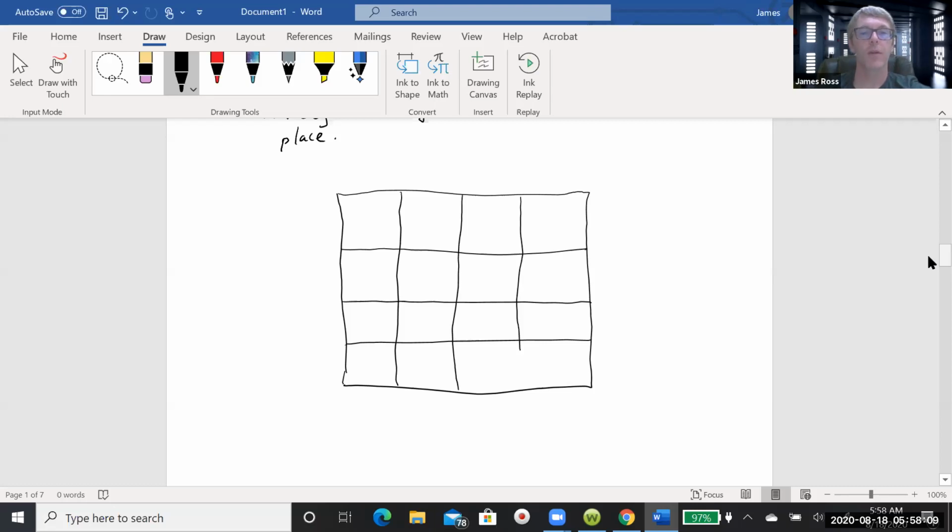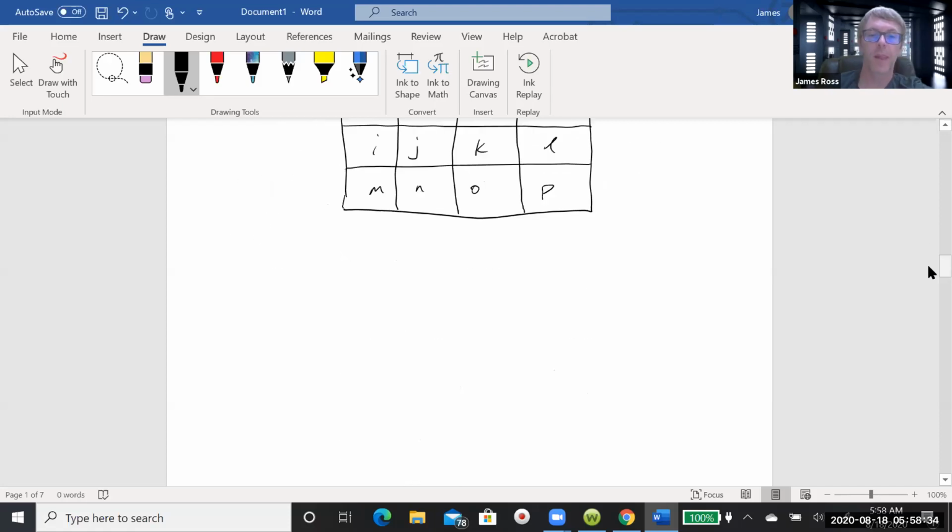So 4x4 grid, let's say you call these indivisible pieces A, B, C, D, E, F, G, H, I, J, K, L, M, N, O, P. All right. So you've got this two-dimensional grid called our scalar field.